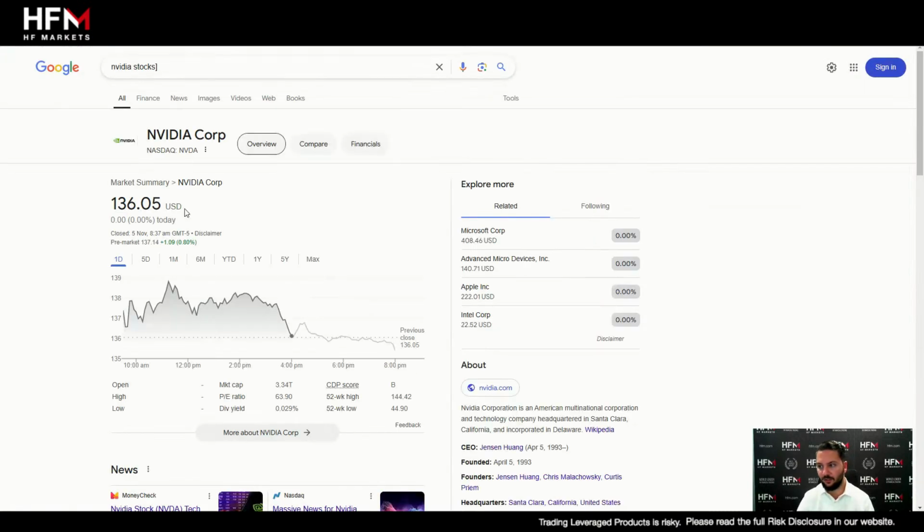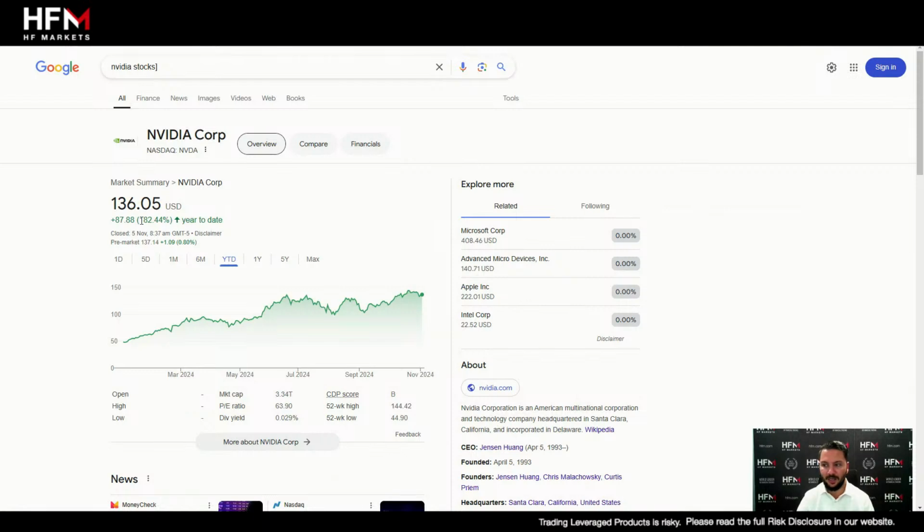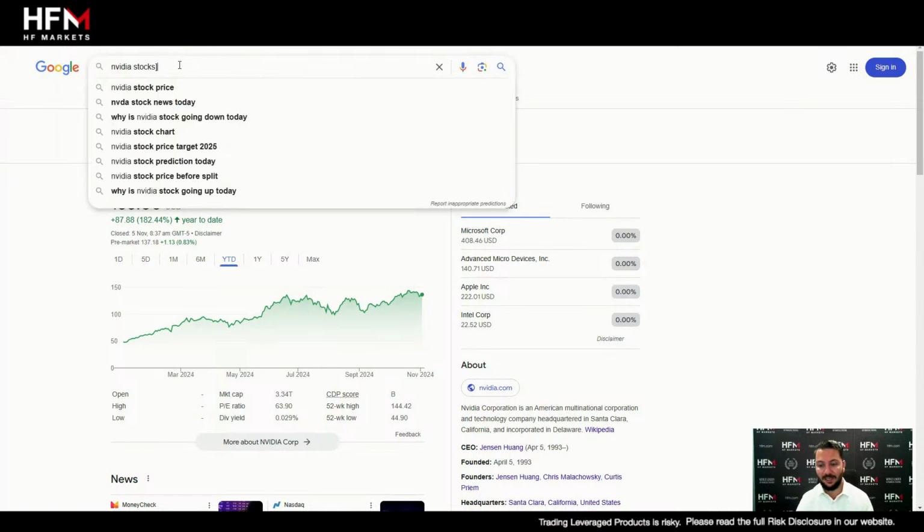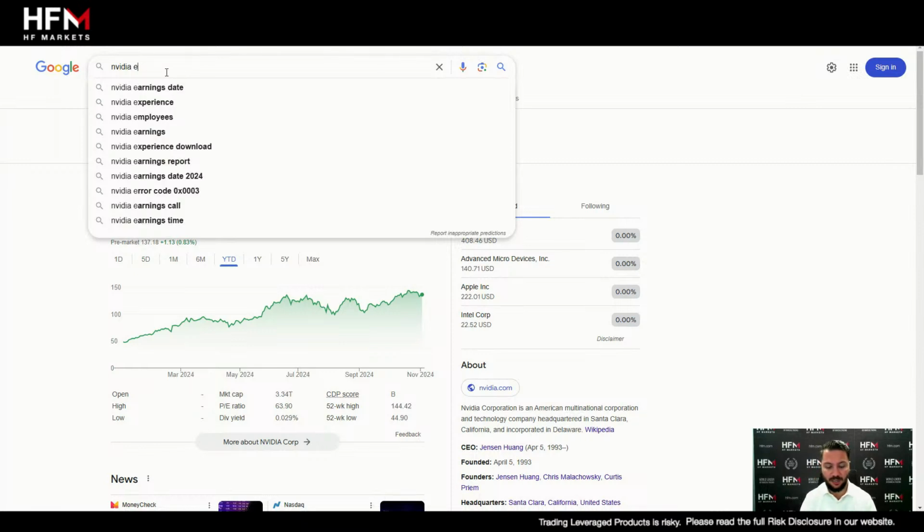If you look at NVIDIA stocks, ladies and gentlemen, this year is up 182%. Intel's declined this year so far 50%. Nvidia, one of the best performing stocks of this year, the best performing stock last year as well. So we can see that that can be positive as well, potentially for the Dow Jones.